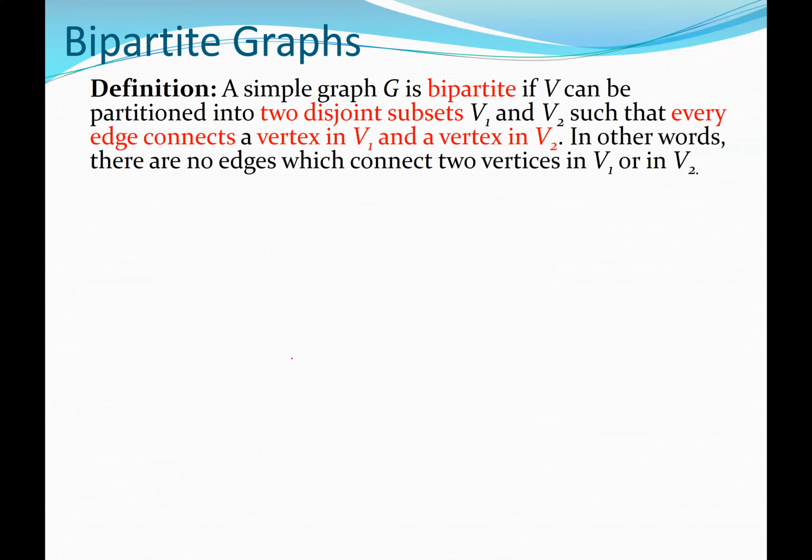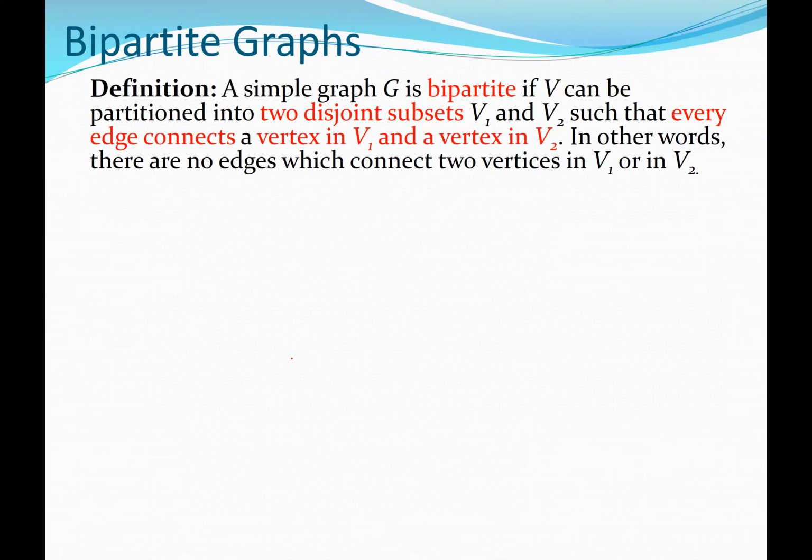So we can split them into two subsets, but they are still connected from one set to the other set. However, if elements are in the same set, they cannot be connected. If that's the case, then we have ourselves a bipartite graph. It can connect to the other set, but it's not allowed to connect within itself.